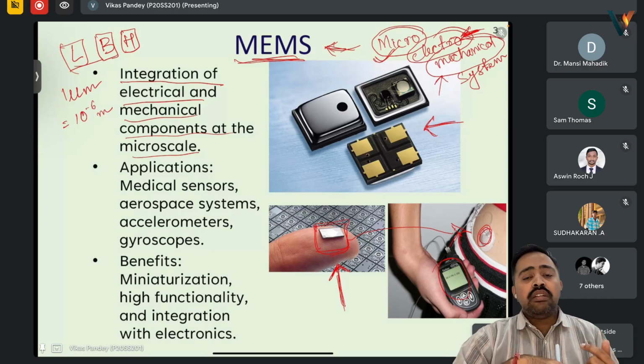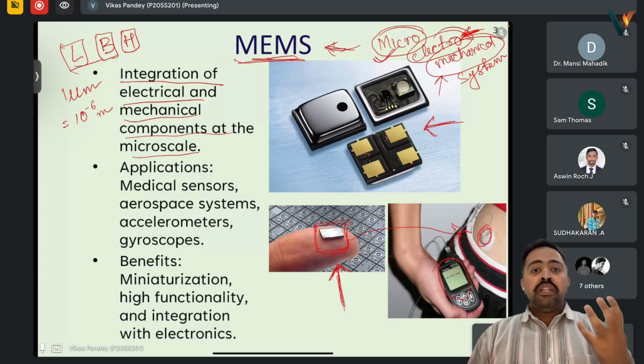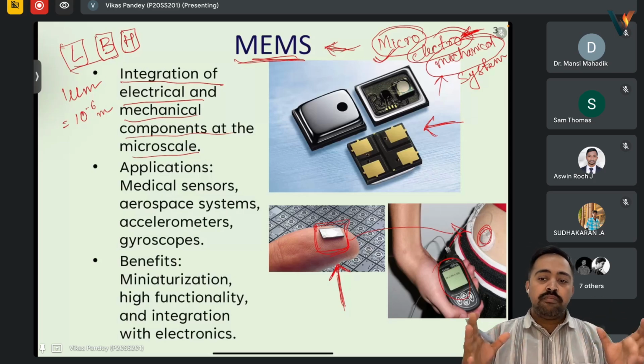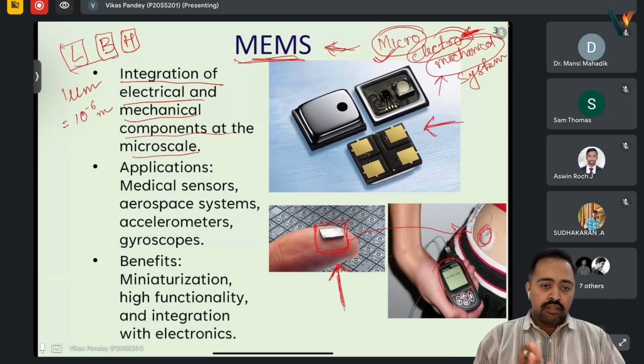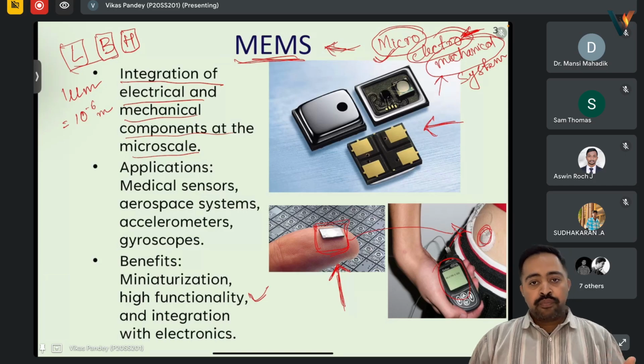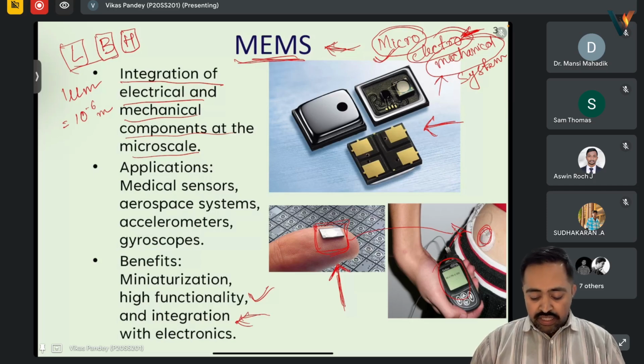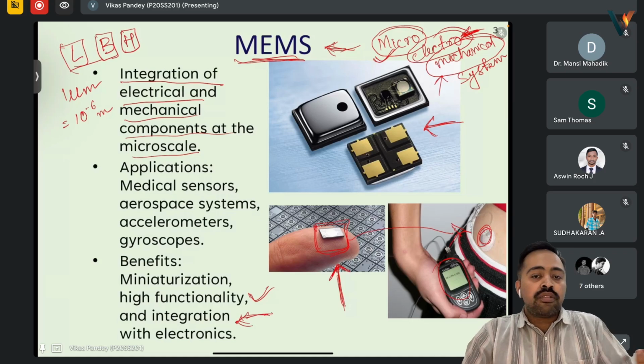Just like that, many MEMS systems are helping to miniaturize big systems that used to exist. They have higher functionality because working at a smaller scale, we get a lot of systems inbuilt into a smaller area. And the third advantage is integration with electronic systems.